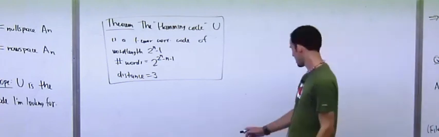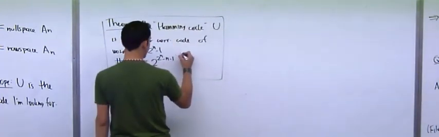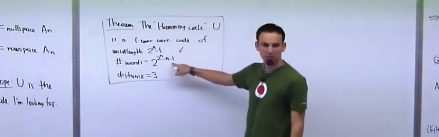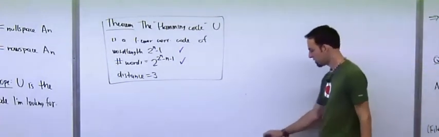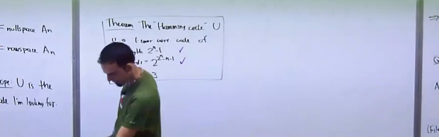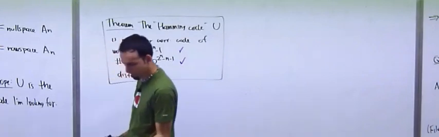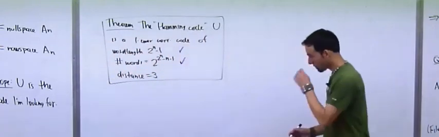So what do we need to show? Well, by construction, the word length is 2 to the n minus 1. By construction, the dimension is 2 to the n minus 1. So that's the right number of words. And so the only thing I have to show is that I have a distance equal to 3. Okay.